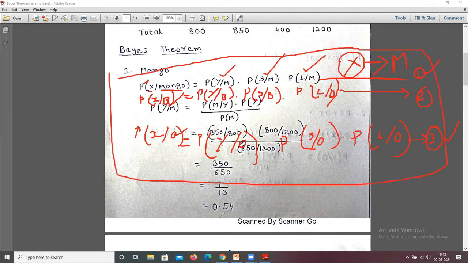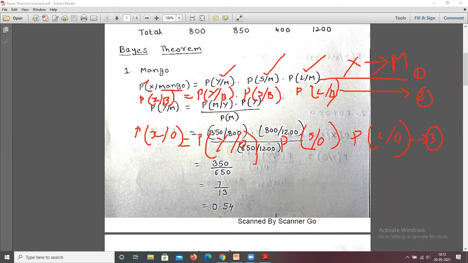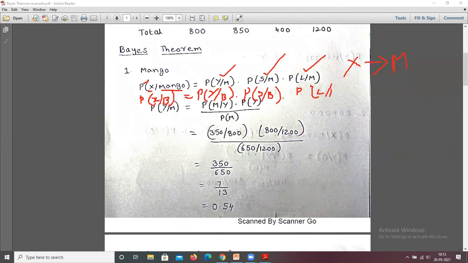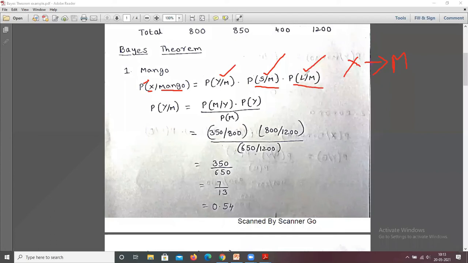First we see the probability of X given mango. For that we are going to calculate the probability of yellow given mango, the probability of sweet given mango, and the probability of long given mango.